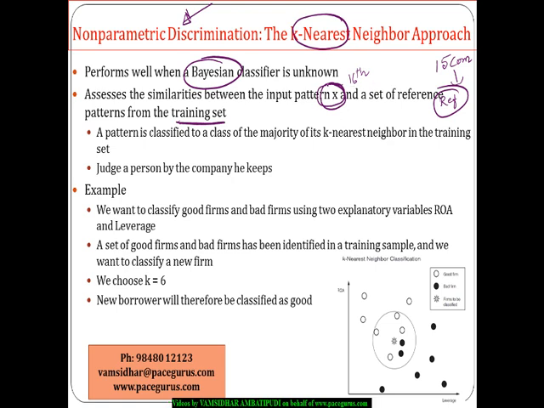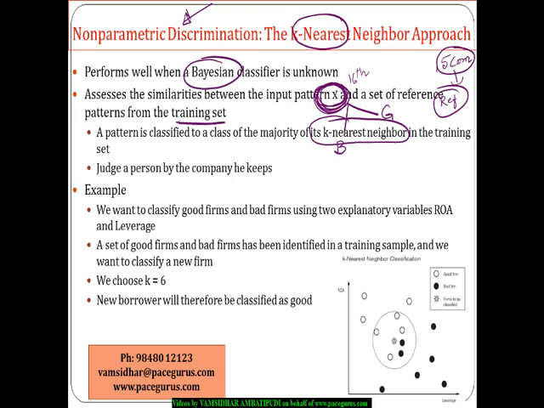So it looks at the patterns of this X with respect to all these 15 companies, and based on that does a classification whether it falls under the good or bad category. A pattern is classified to a particular class, either good or bad, based on the majority of its k nearest neighbors.